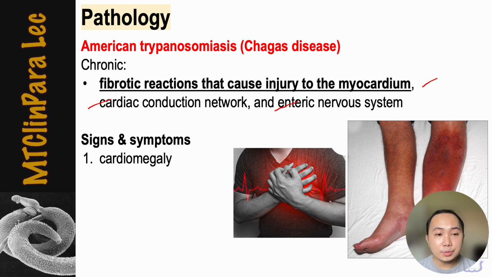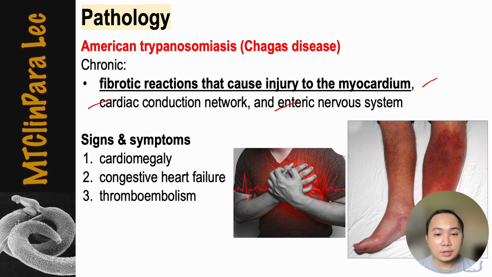This leads to cardiomegaly or increase in size of the heart, congestive heart failure, and thromboembolism, just like in this picture, where several or diffuse blood clots form surrounding the vessels of our circulatory system. Arrhythmias may also be present in patients with congestive heart failure or with improper heartbeat. Non-specific signs such as dizziness, palpitation, and chest pain may also be felt by the patient, especially at the chronic stage of the disease.